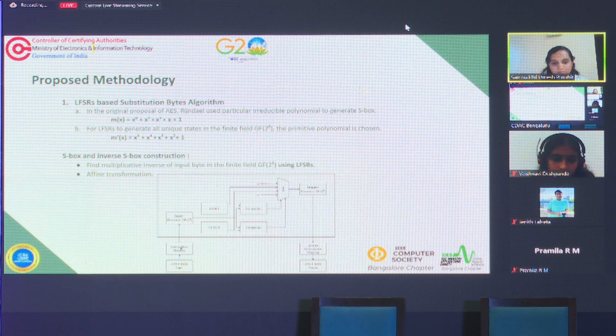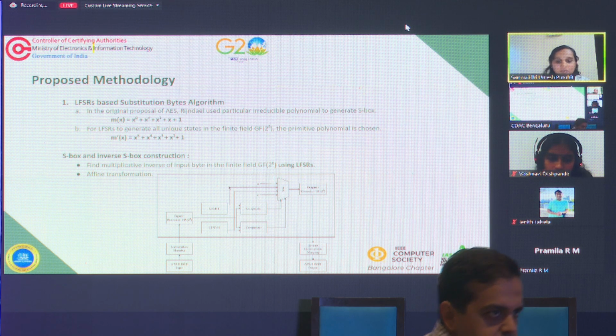By doing the isomorphism mapping, we converted our input data into a different field which is given by the primitive polynomial, and then we ran two LFSRs basically, which will be checking at runtime, and at the end we will get the multiplicative inverse.